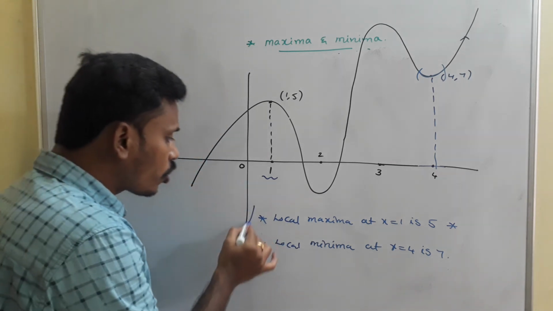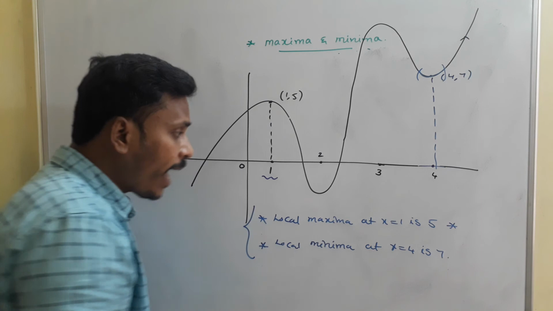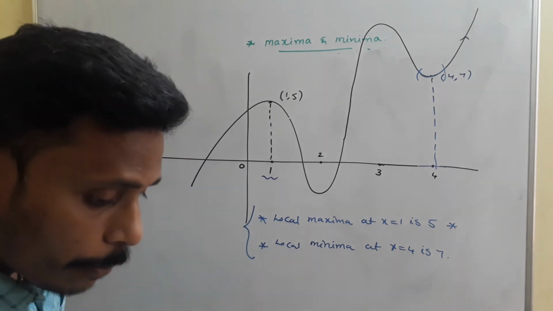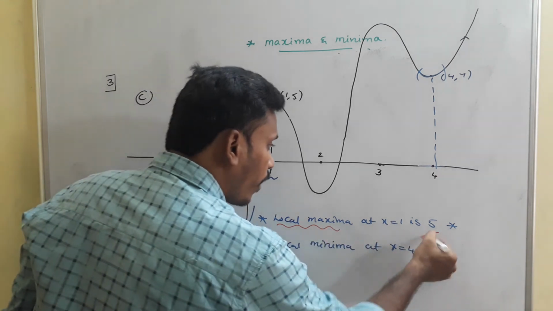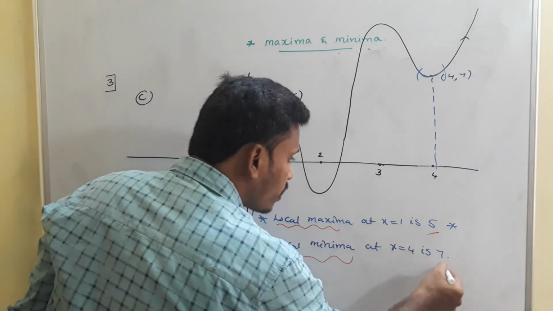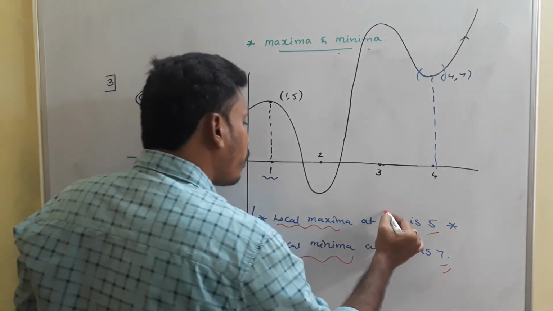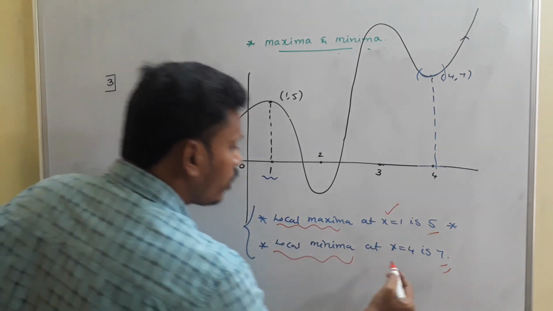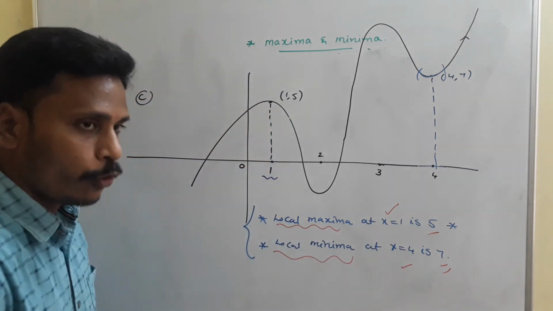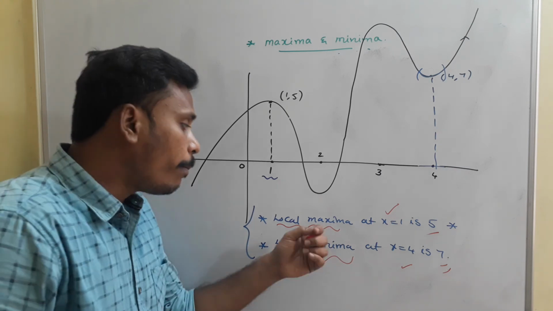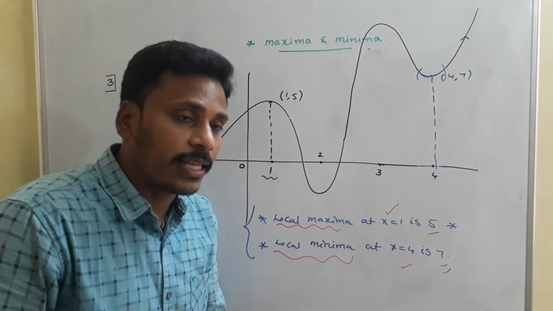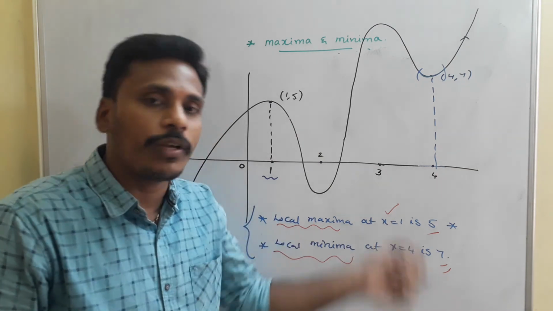When you observe these two statements, local maxima is 5, local minima is 7. But that local maxima is at x equals 1, and this local minima is at x equals 4. Right? Usually many of you will think that the minima value is always lesser and the maxima value is always greater.